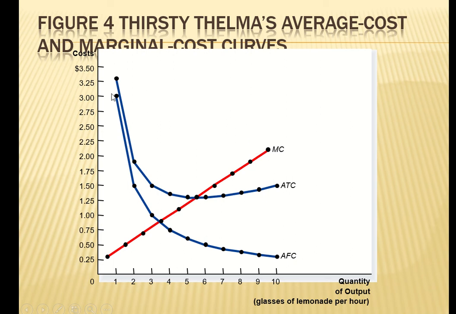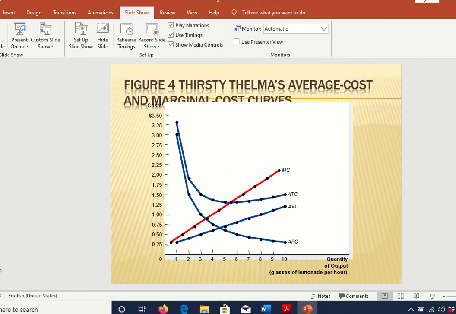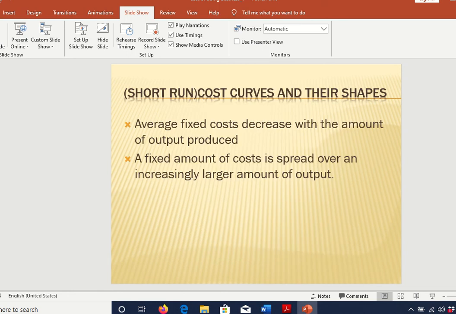And then we always have a downward sloping average fixed cost. So why do we have a downward sloping average fixed cost? Well, it is simply a mathematical result. A fixed amount of cost is spread over an increasingly larger amount of output.